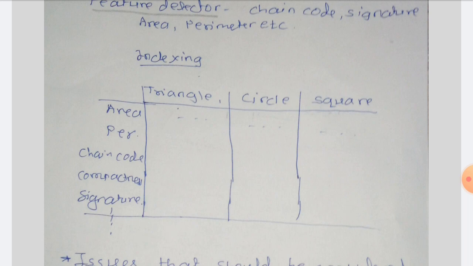For testing data, for the testing input image, I will find out all these features: area, perimeter, chain code, compactness and signature for the testing image, and I am matching with the database we have, and whichever is the nearest for a particular object, according to that I can say that it is a triangular object, circular object or a square object.